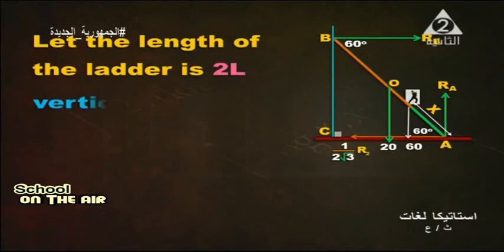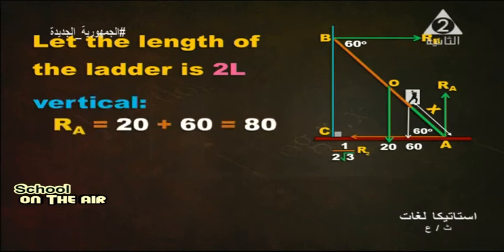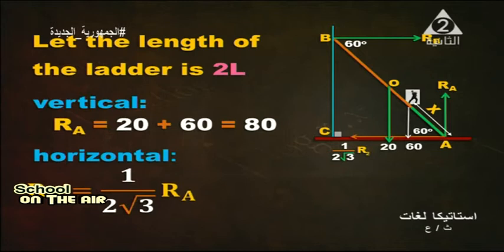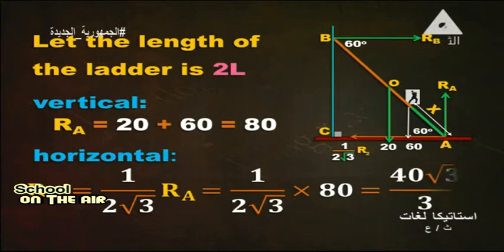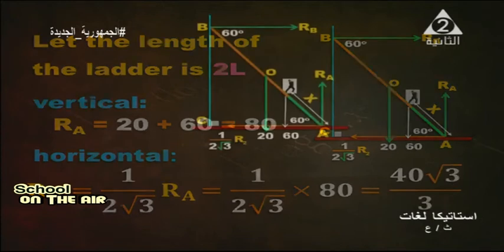Therefore, my dear student, in the opposite figure, we find RA equals 20 plus 60 equals 80 in vertical, but horizontal equals RB, equal to 1 over 2 root 3 times RB, equals 40 root 3 over 3.